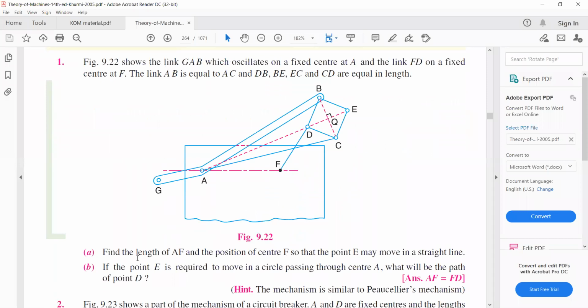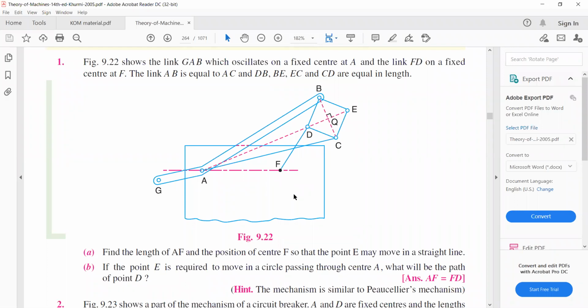Now you have to find the length of AF and the position of center F, so that the point E may move in a straight line.